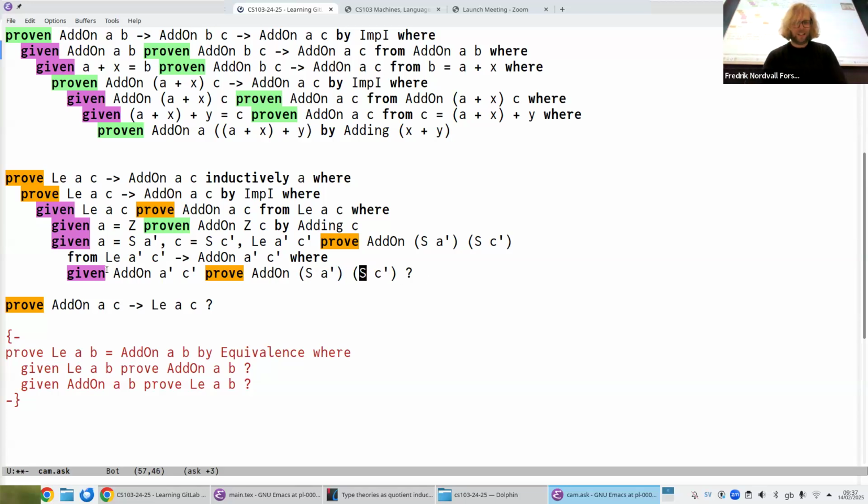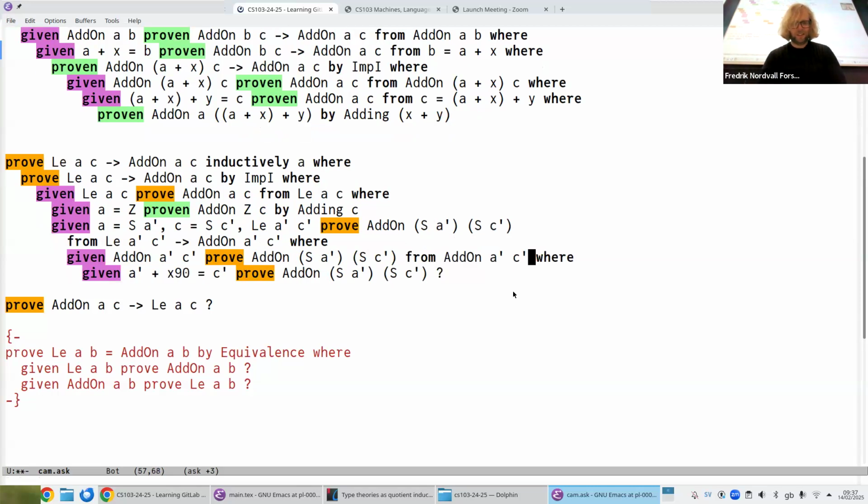So I'm going to interrogate how it's possible that this is true. I'm going to say from this. And then that's because A prime plus K, or maybe I can call this B here, is equal to C prime.